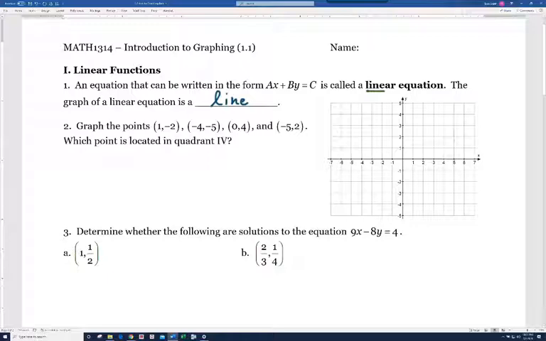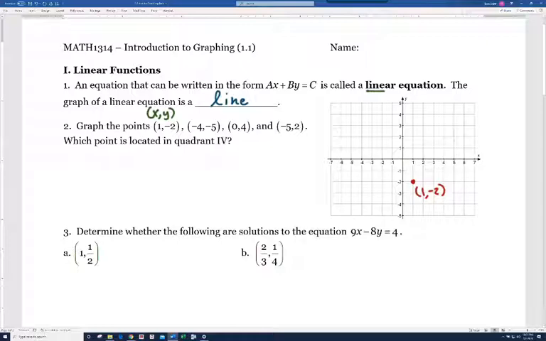Number two, we're supposed to graph these points. So 1, -2 would be right there. Basically what we have here is an ordered pair, and the first value is an x value, or the x coordinate, or x ordinate. And then we have the y value, which is -2. So in this case, we start at 0, 0, which is called the origin.